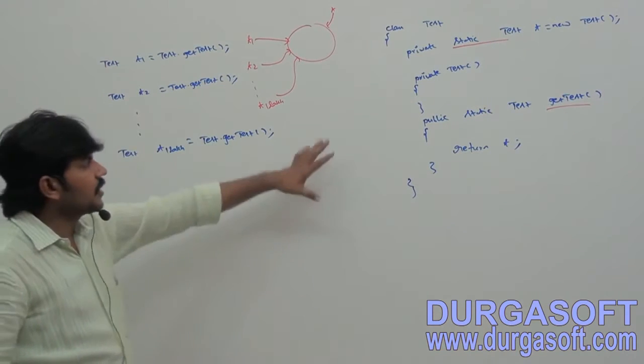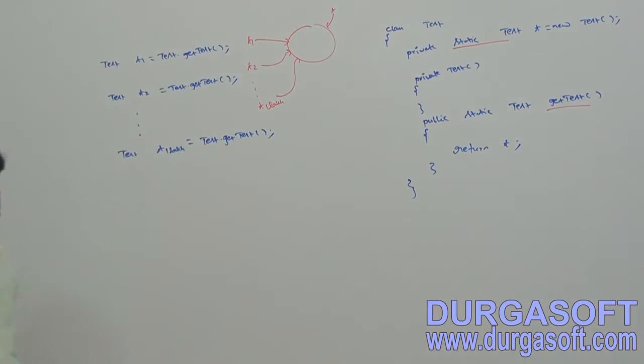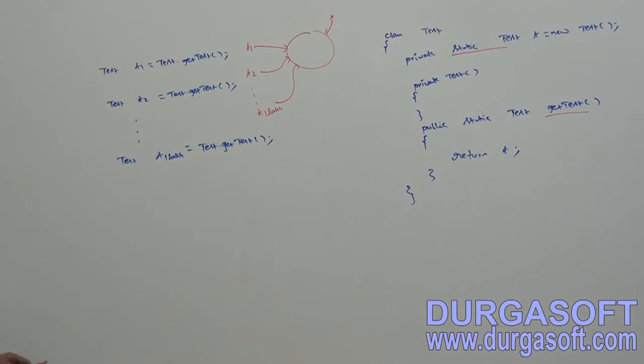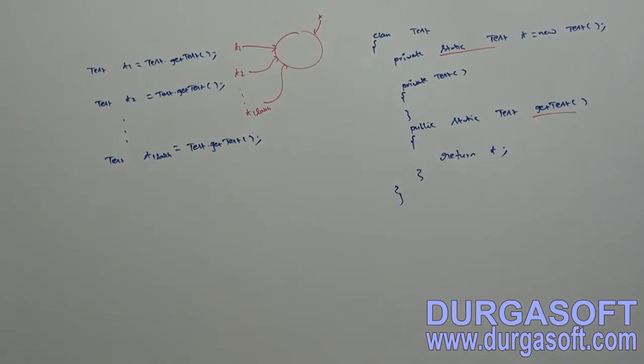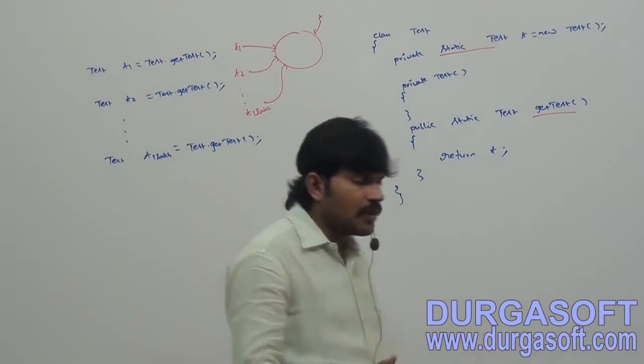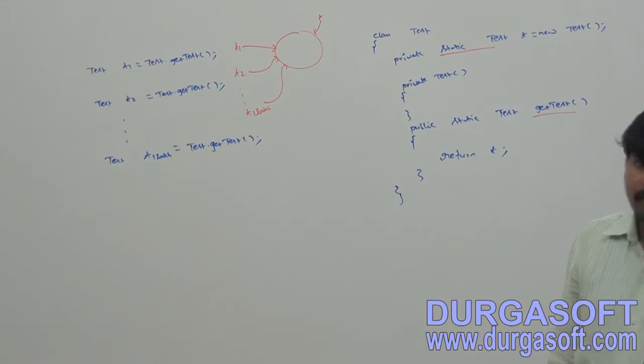Take this example. Approach 1, how to create our own singleton classes. At the beginning only, that one object I will create, and wherever that object is required, happily we can return the same object.